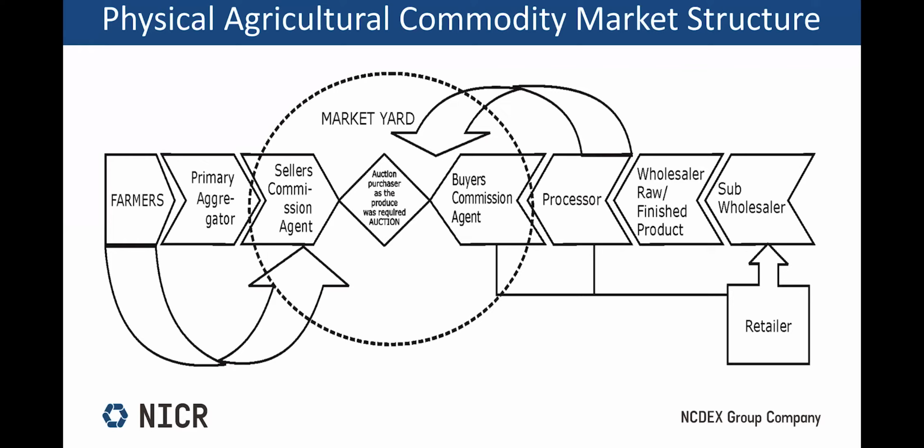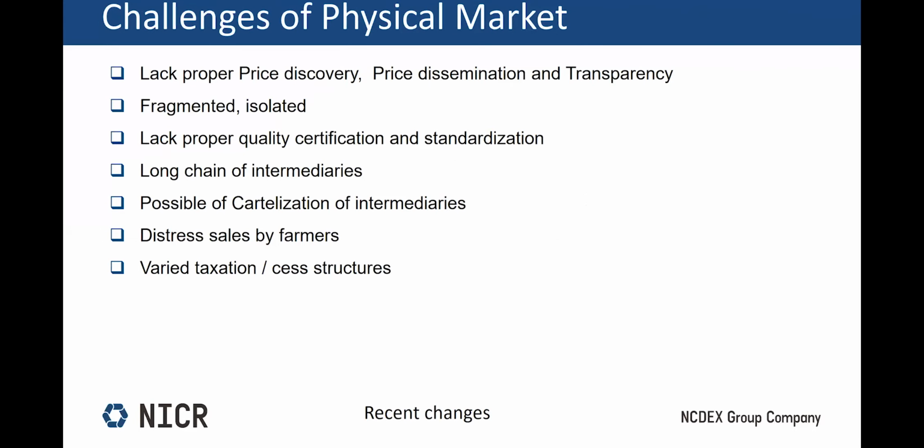But before that, let's talk about certain problems in this physical market. There is definitely a lack of proper price discovery, price dissemination, and transparency. You may have heard that not all the mandis follow a transparent auctioning method, even if it is laid down in the legislation. They are definitely fragmented.